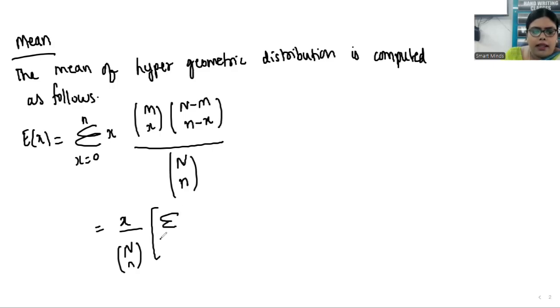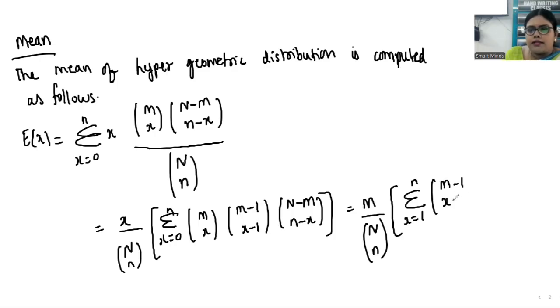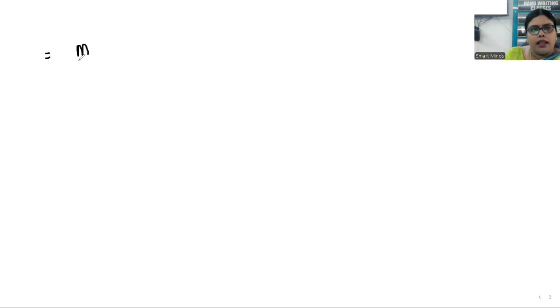1 by NCn into sigma x is equal to 0 to n x mCx, which is m into m minus 1 C x minus 1 into N minus m C n minus x, that is equal to m by NCn into sigma x is equal to 1 to n m minus 1 C x minus 1 into N minus m C n minus x, which is equal to m by NCn into N minus 1 C n minus 1.